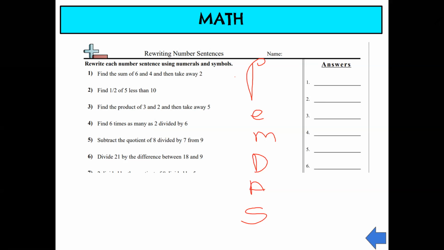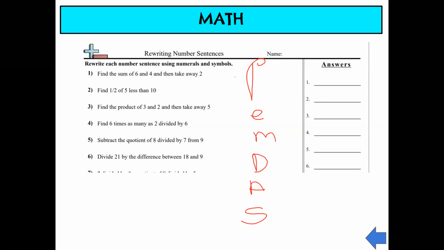So now let's go back to number 1 and talk about it a little bit more. It says sum of 6 and 4 and then take away 2. So if I told you to clean your room and then wash the dishes, that 'and then' part lets you know that she wants me to clean my room first and then wash the dishes, meaning that will be the next step.